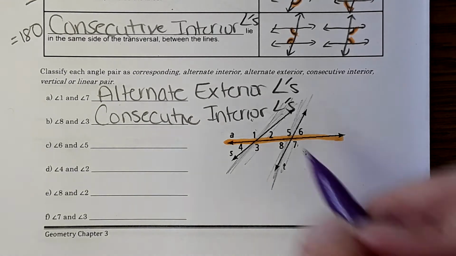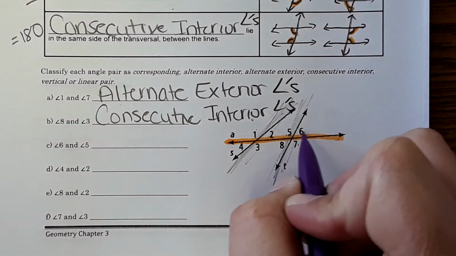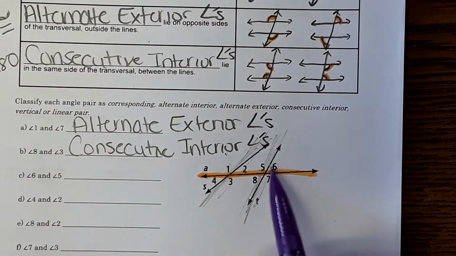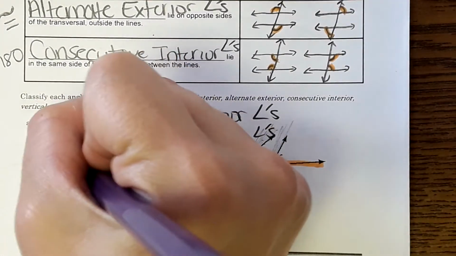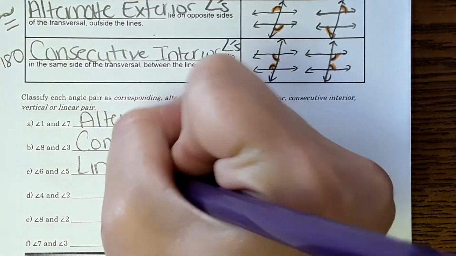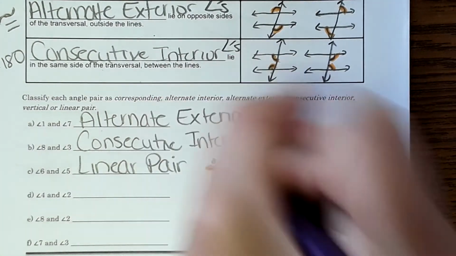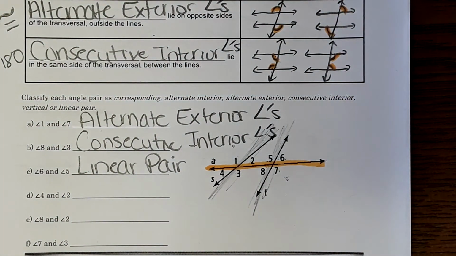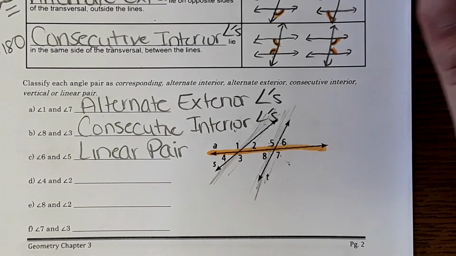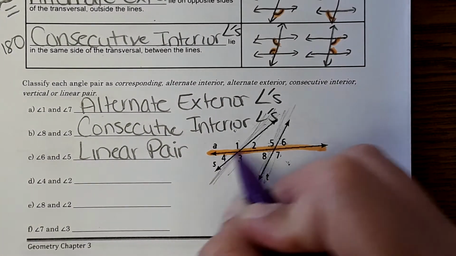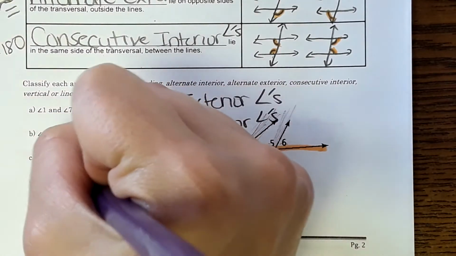6 and 5. Now these two, it doesn't match any of these relationships. 6 and 5 are a linear pair. Then 4 and 2, those are vertical angles.